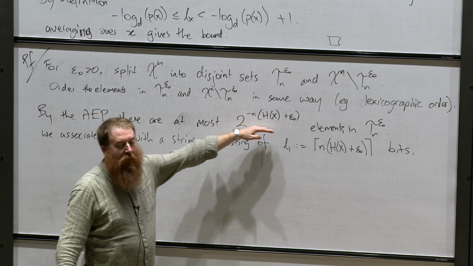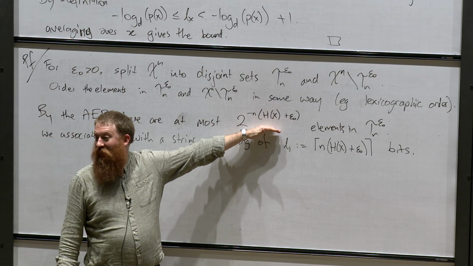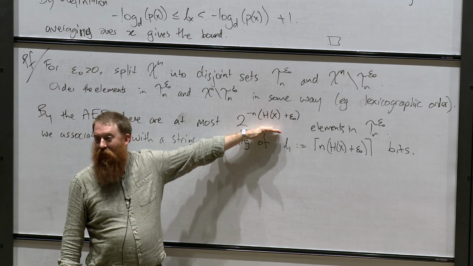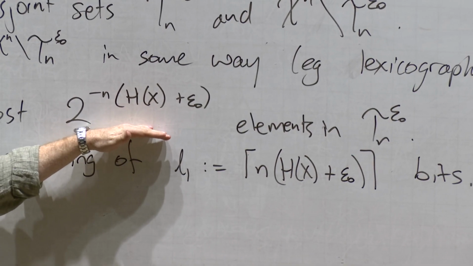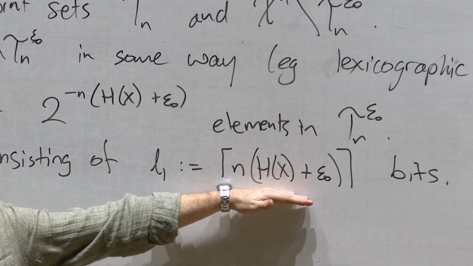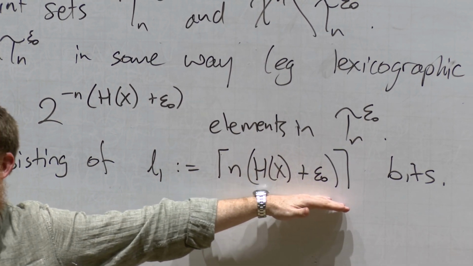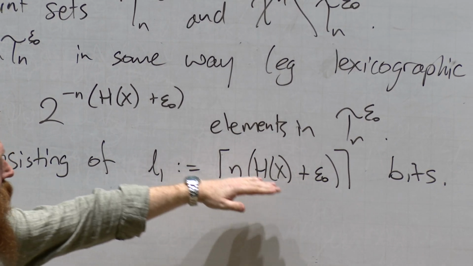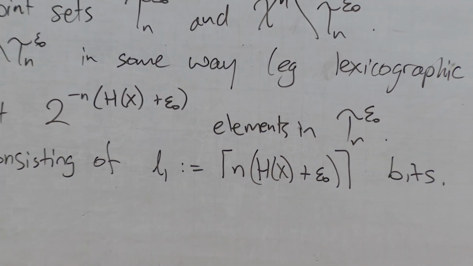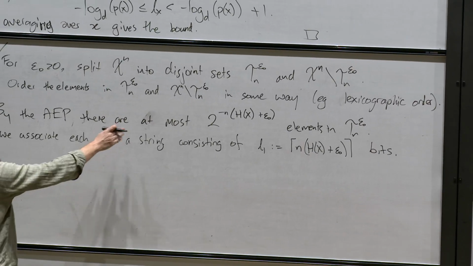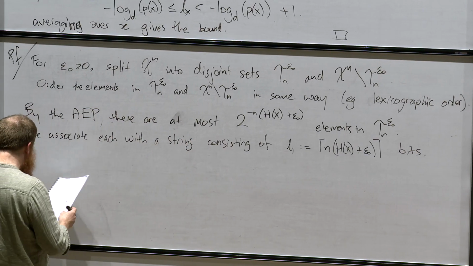So because there's not too many of them and I've ordered them, I can just count out which number they are. There's the 0th one, the first one, etc. I count them out. How many bits do I need to list the number? That many. That's how many digits I'm going to need to uniquely determine each of the typical elements. Okay, so that's using this many bits to enumerate all the typical sequences.